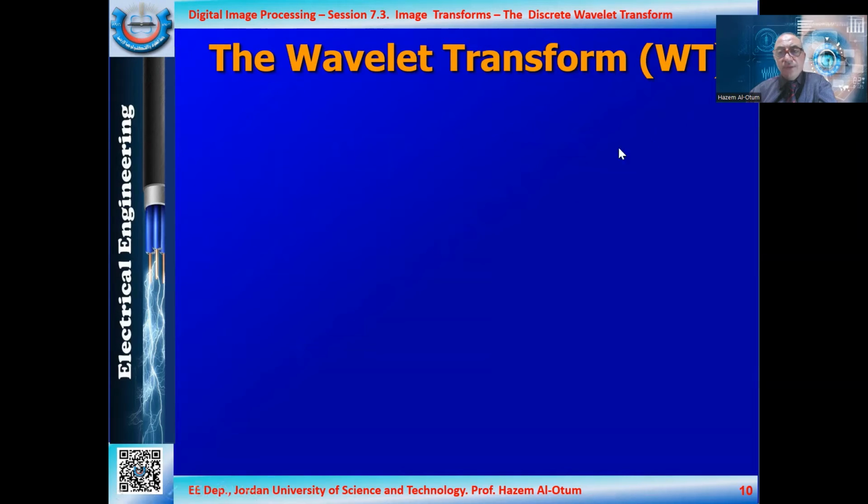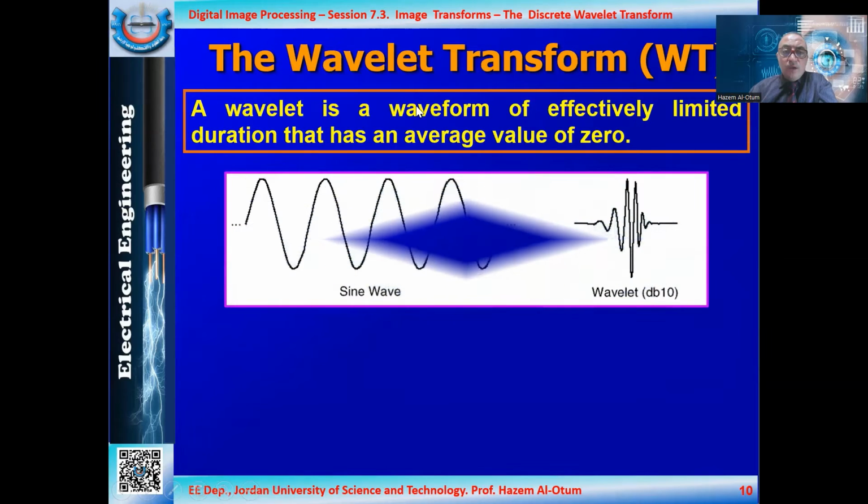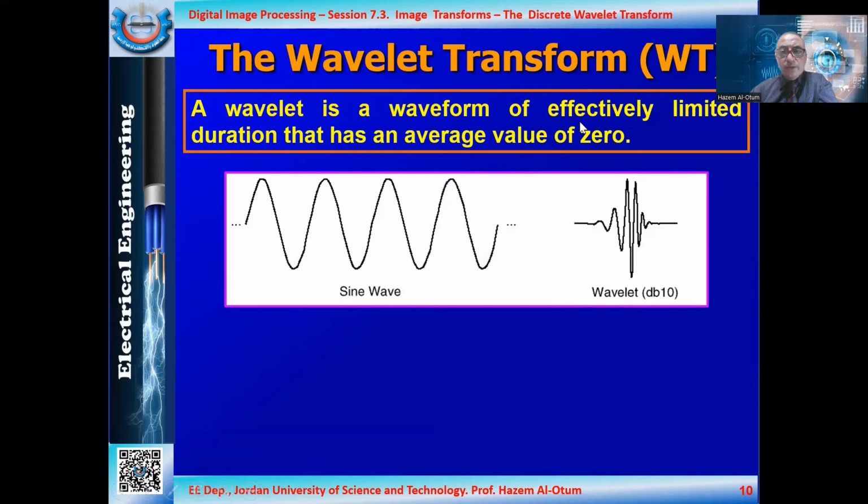Now the good thing is that the wavelet transform can also be a good solution to solve this and other problems. Let's start with the wavelet in one dimension. A wavelet means a small wave that effectively limits the duration and has an average value of 0.